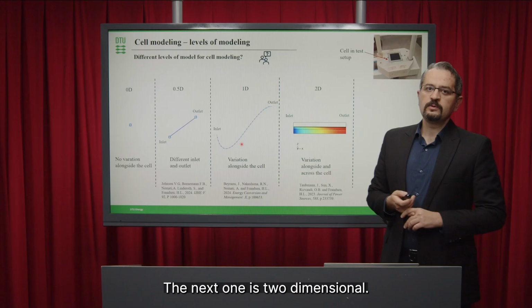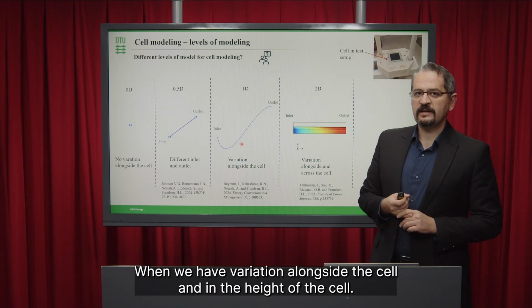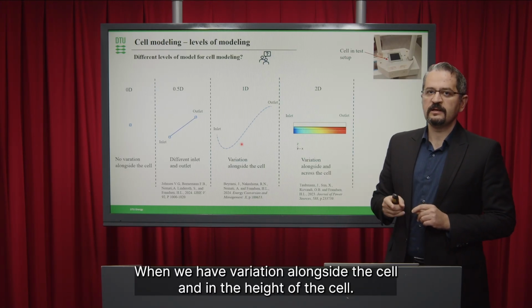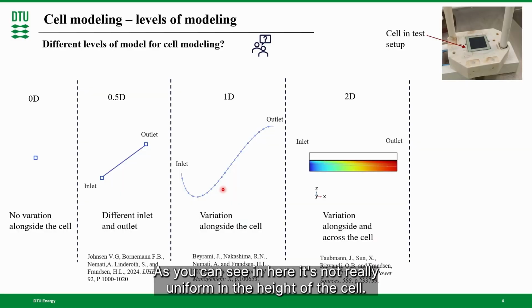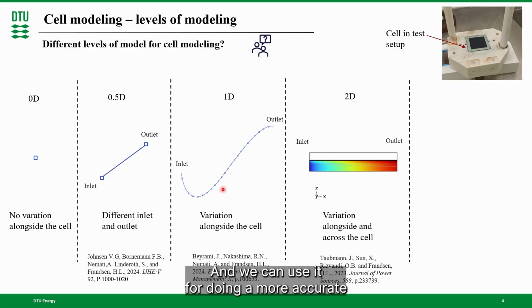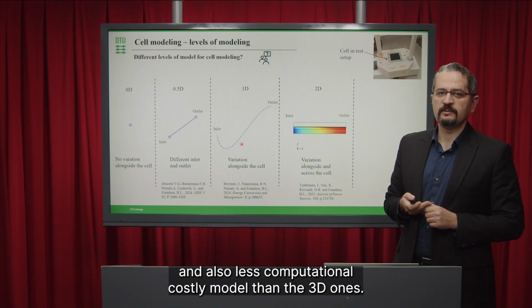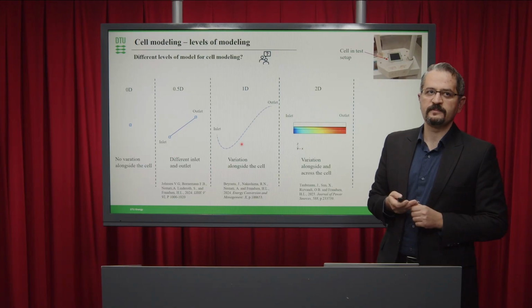The next one is two-dimensional, when we have variation alongside the cell and in the height of the cell. As you can see in here, it's not really uniform in the height of the cell. And we can use it for more accurate and also less computationally costly models than the 3D ones.